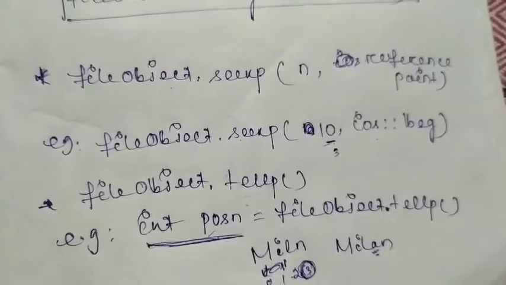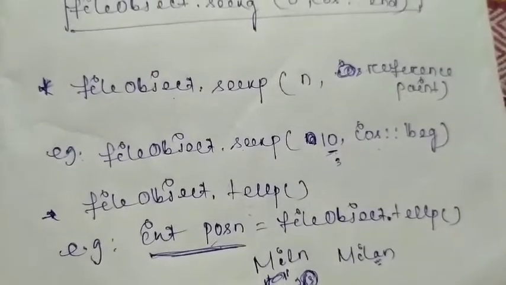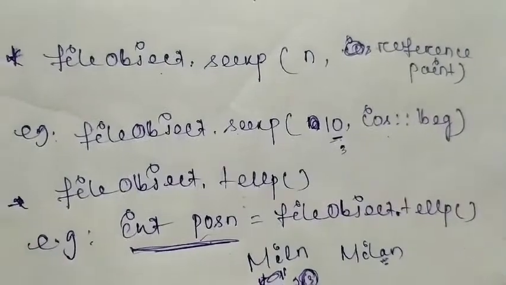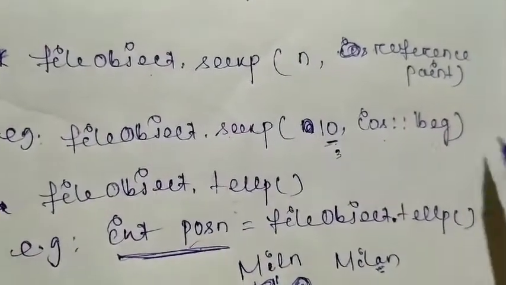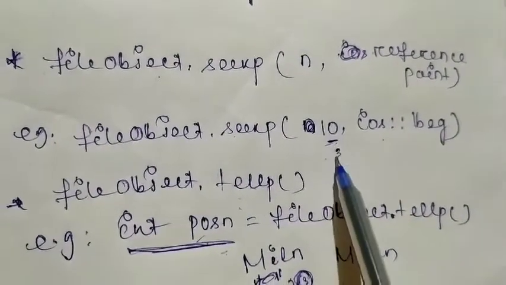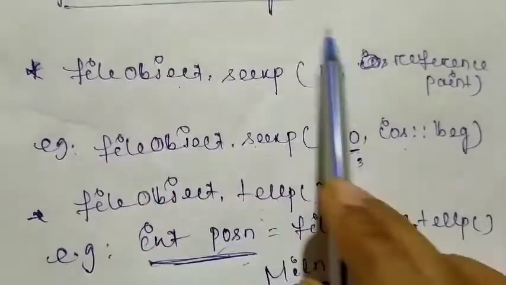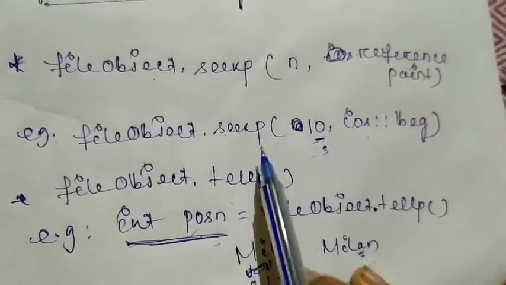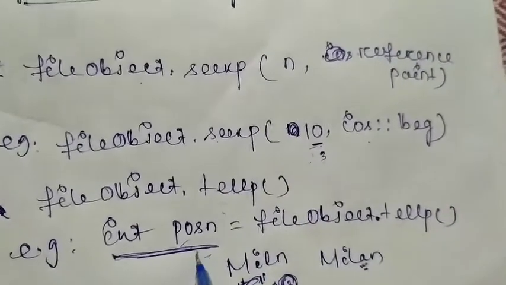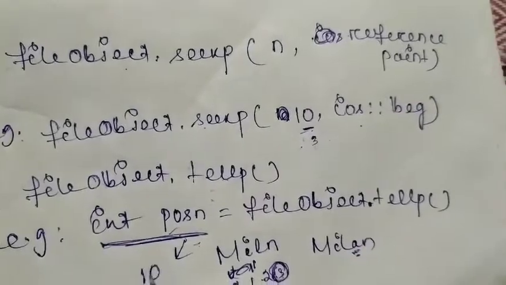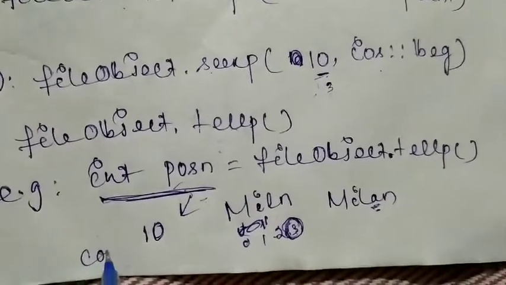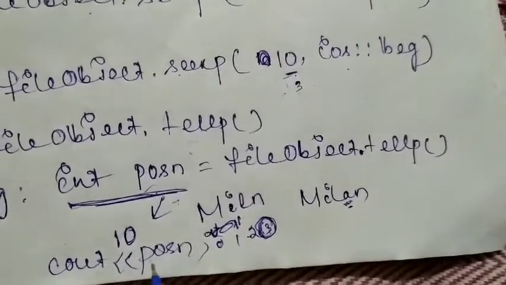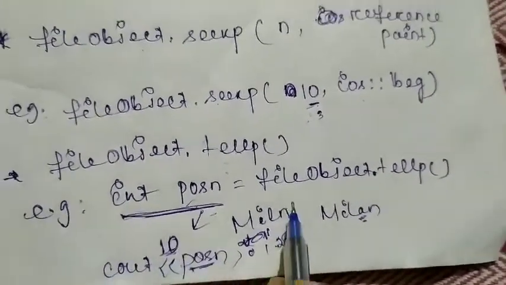So first you declare a variable, and it will store the returned value. For this example, it points to the 10th byte from the beginning, that put pointer. Now position will store 10, and if I write cout position, it will print 10.